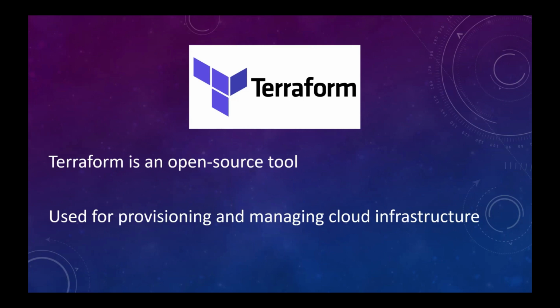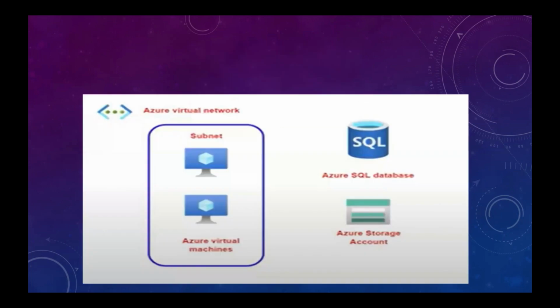So, just to have an understanding and a use case scenario, let's say Azure Cloud Platform, you have to create a set of resources. So, you have to create Azure Virtual Network. Within that virtual network, you have to create subnets and Azure Virtual Machines, Azure SQL database, and an Azure Storage account.